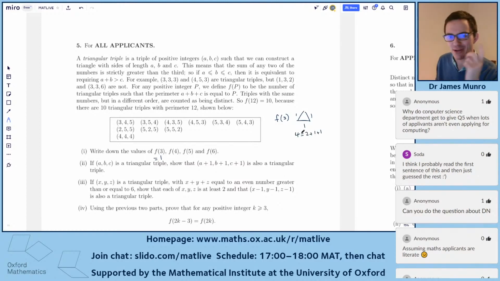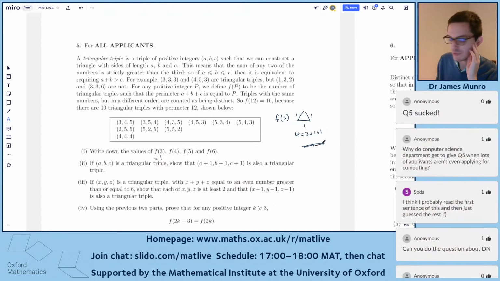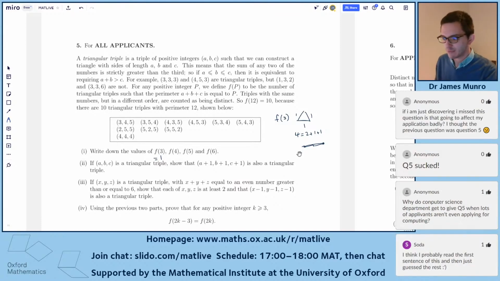But unfortunately that doesn't make a triangle, that makes a line with just ones in the middle like that, which is just a sort of line. We've been asked that it should make a triangle, requiring a plus b actually bigger than c if you line them up. 1 plus 1 is not bigger than 2. 1 plus 1 is equal to 2, as discussed.